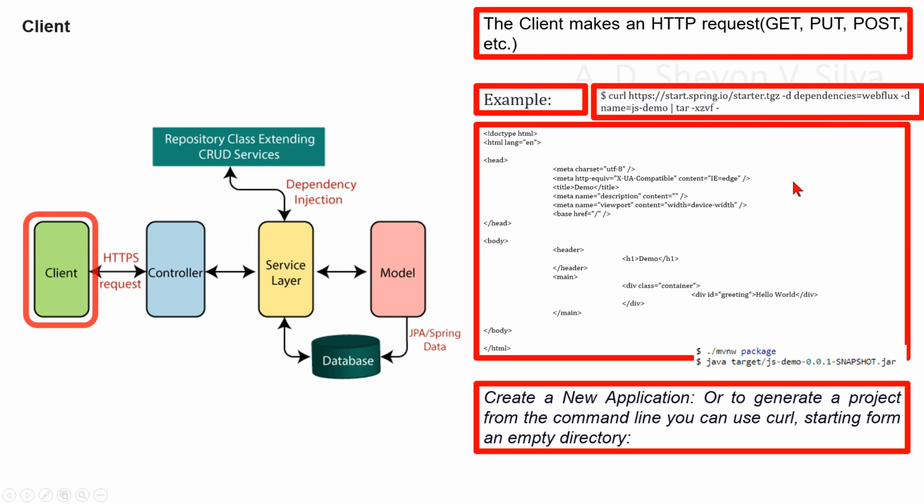We can add a really basic static home page, for example at src/main/resources/static/index.html, and then run the app and you can see the result on localhost:8080.